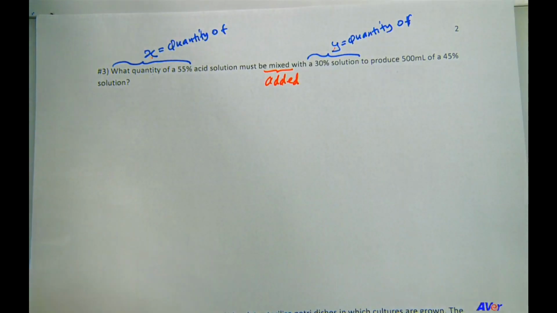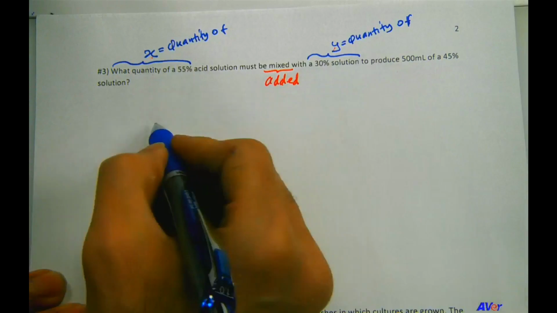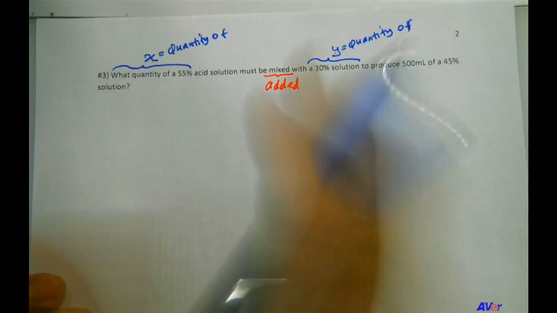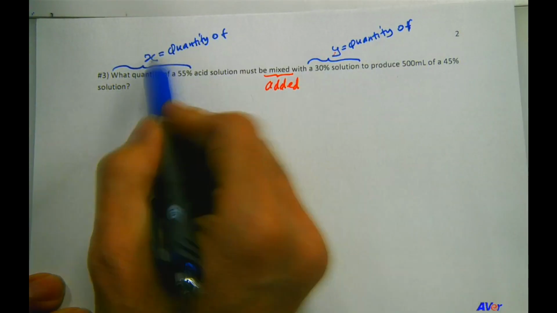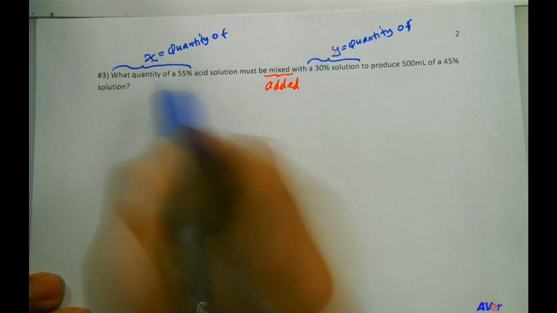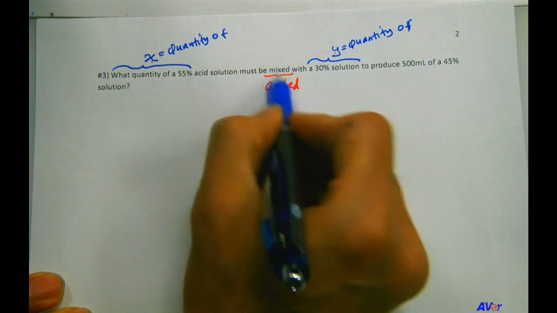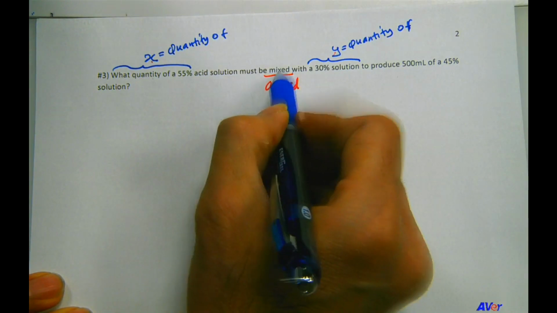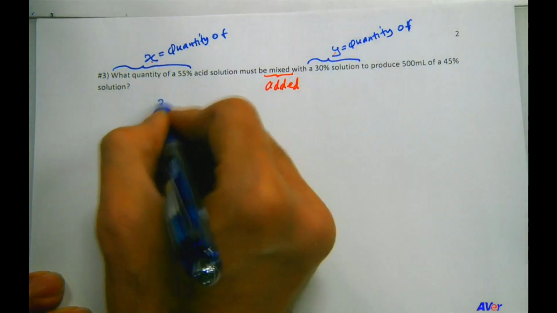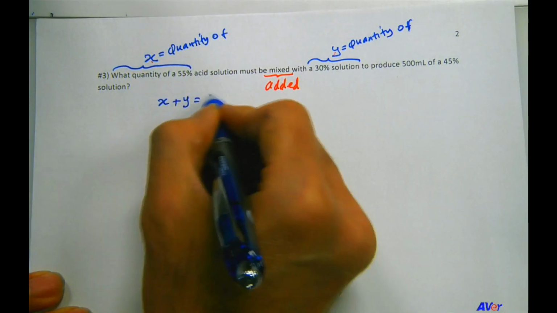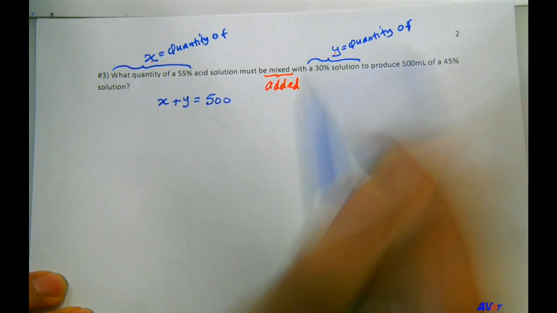So let's write that down. Notice what happened. Again, the big picture. Introduce variables to the information you are given in plain English. And then take a careful look at these key words. So x plus y is equal to 500.